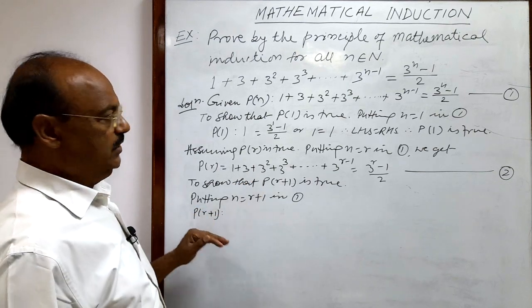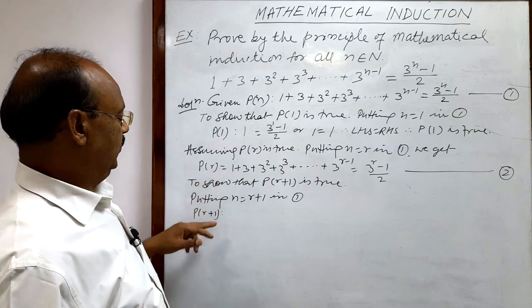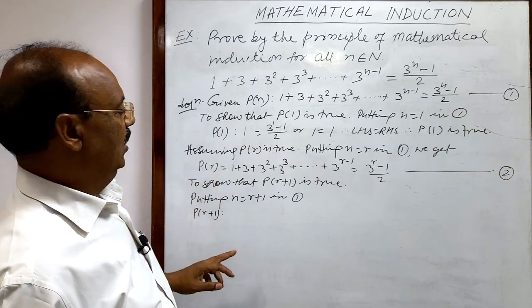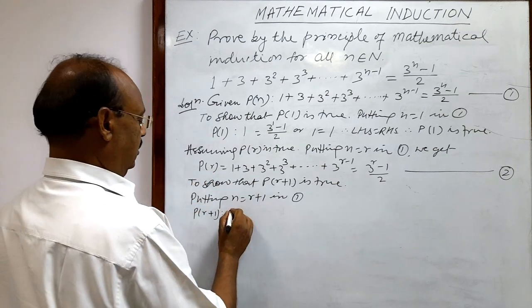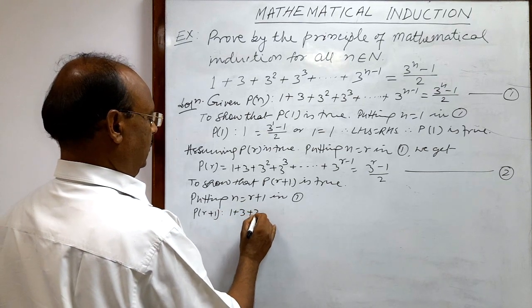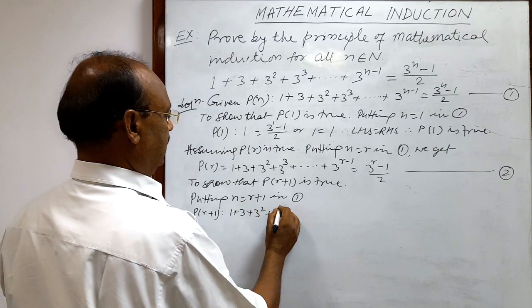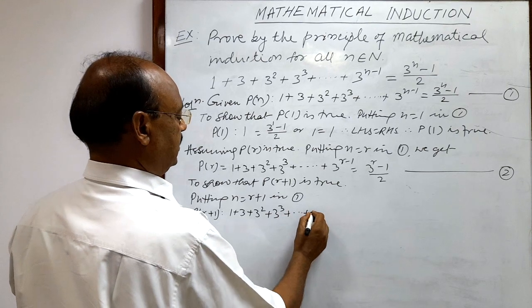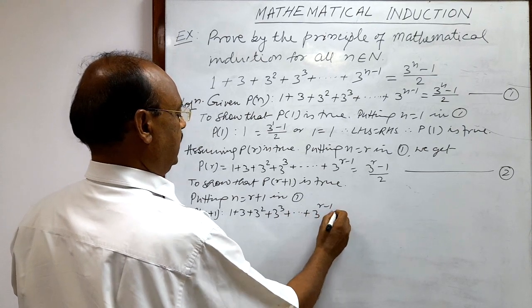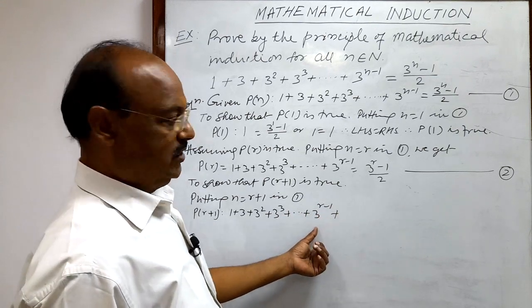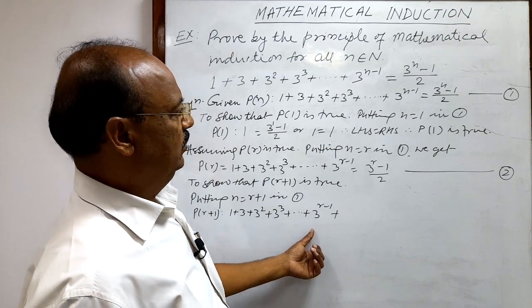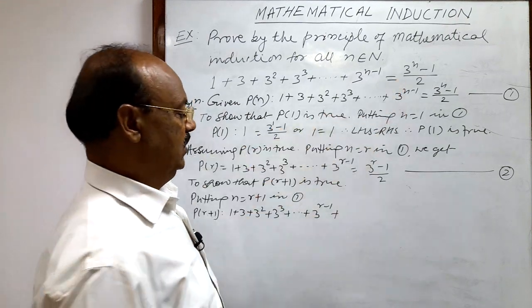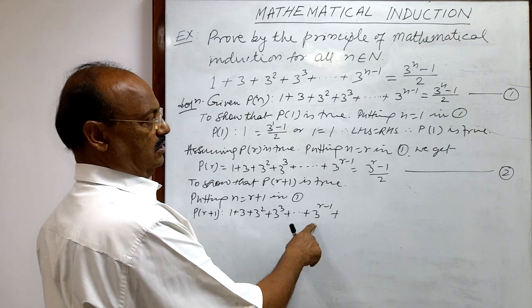In place of n we are putting R plus 1, and we get 1 plus 3 square plus 3 cube plus 3 to the power R minus 1 plus, this is not the last term. At the last step you have to put n is equal to R plus 1, so this is the second last term.